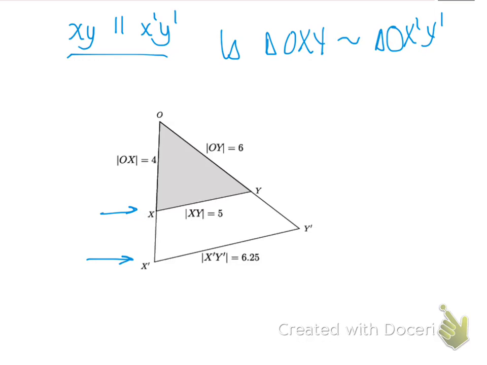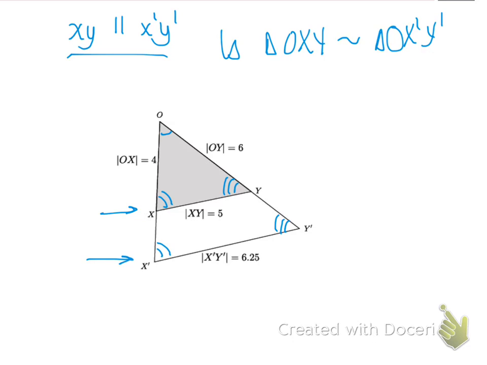So we know because of the parallel lines, of course, we have a matching angle there. We have a matching angle here and another one over here. So we have angle, angle, angle, so we know that those would be similar.